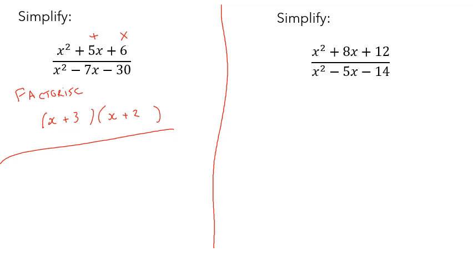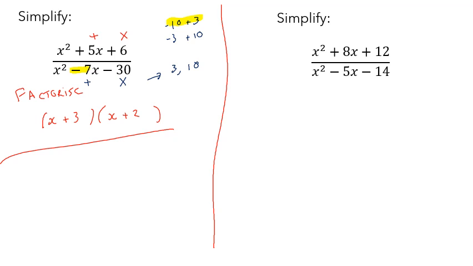So when I factorise my denominator, I'm looking for 2 numbers that multiply to make negative 30 and that add to make negative 7. Okay, so those numbers are going to be 3 and 10 in some combination. Will it be minus 3 plus 10 or minus 10 plus 3? And it will be minus 10 plus 3 because that's what's going to add to make minus 7.